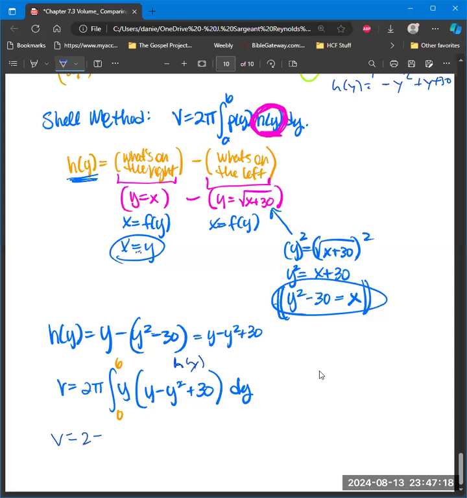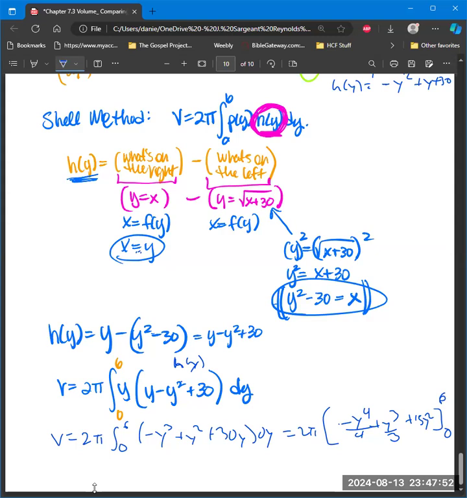So v equals 2 pi 0 to 6 of negative y cubed plus y squared plus 30y dy, be 2 pi 0 to 6 of negative y to the 4th over 4 plus y to the 3rd over 3 plus 15y squared, 0 to 6.